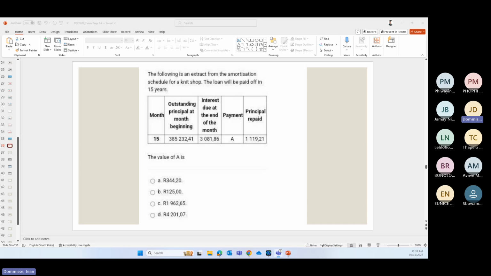Then we do some simple interest. It's a bunch of different questions. But once again, I will share this whole exam pack that I got this from with you guys, because there's definitely many more questions in there that you can also look at.